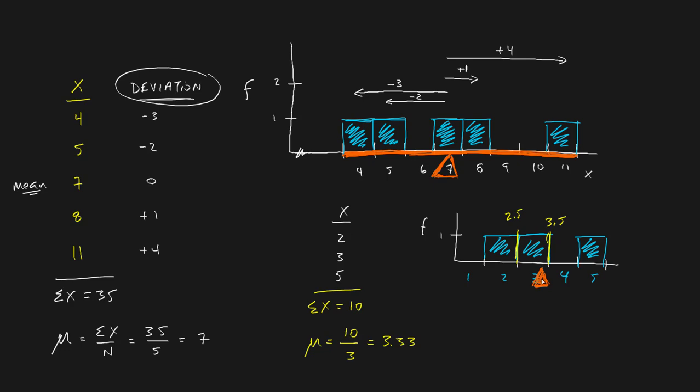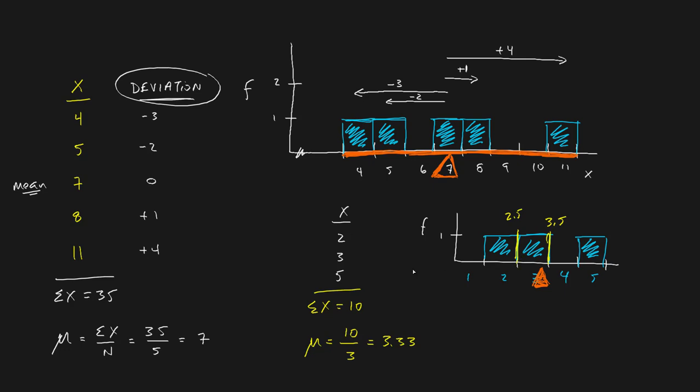What I'm trying to show you is that if your data set doesn't work out with nice perfect numbers, like if you get a decimal or fractional mean, finding a balance point on a histogram is not really something you're going to be doing with your data. It doesn't make much sense. Also, trying to figure out how to draw these sorts of arrows to illustrate what's going on would be a real pain.